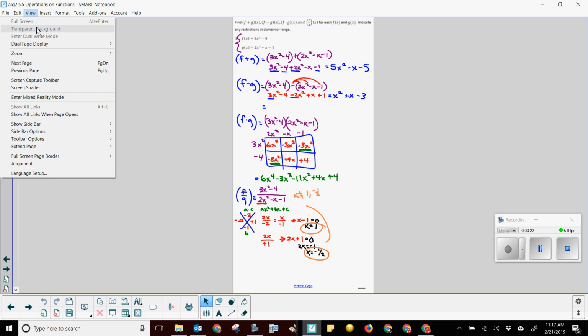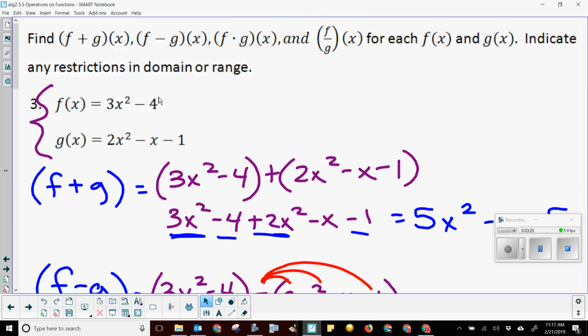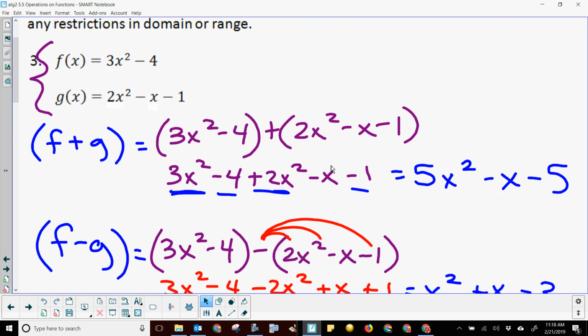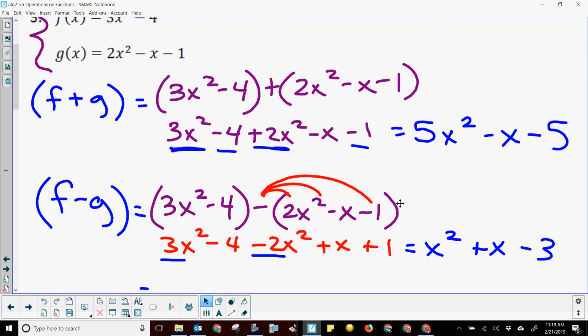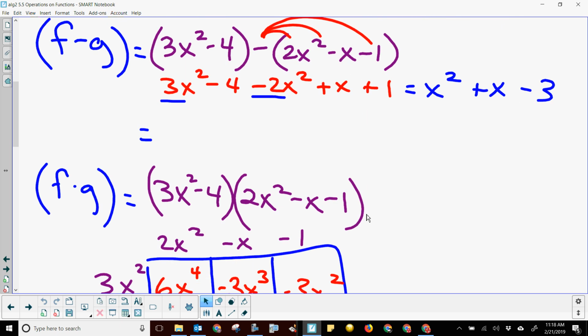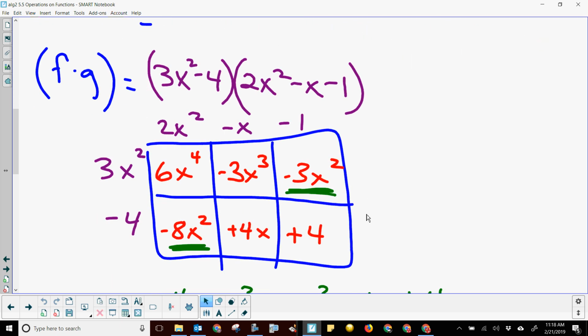Let me do this. Let me zoom in a little bit. Three x squared minus 4, 2x squared minus x minus 1. F plus g, easy enough. F minus g, again, easy enough. F times g, you can FOIL here and do your, let me kind of draw it out for you.